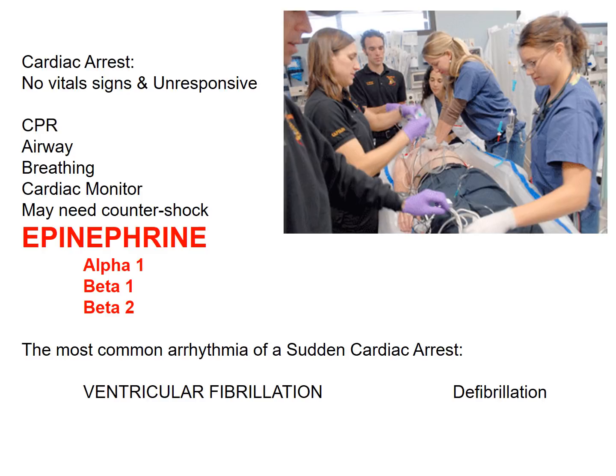At the beta-1 receptor, it helps to increase conduction and ventricular contraction. And at the beta-2 receptor, it gives us some vasodilation, particularly in the coronary arteries, providing increased blood flow through the coronary arteries. So epinephrine, right, every 3 to 5 minutes in cardiac arrest.